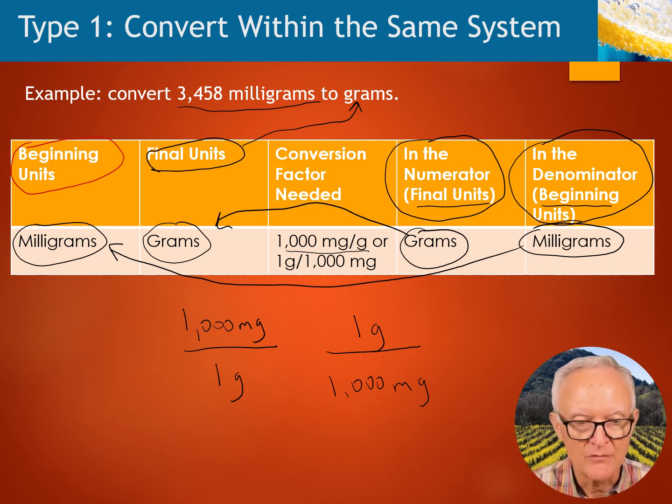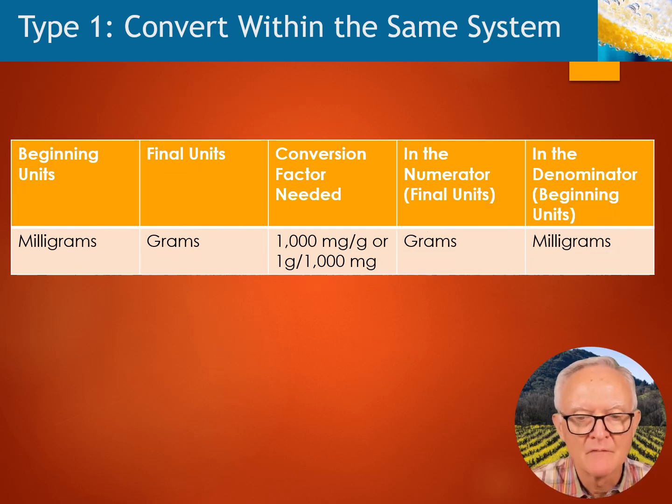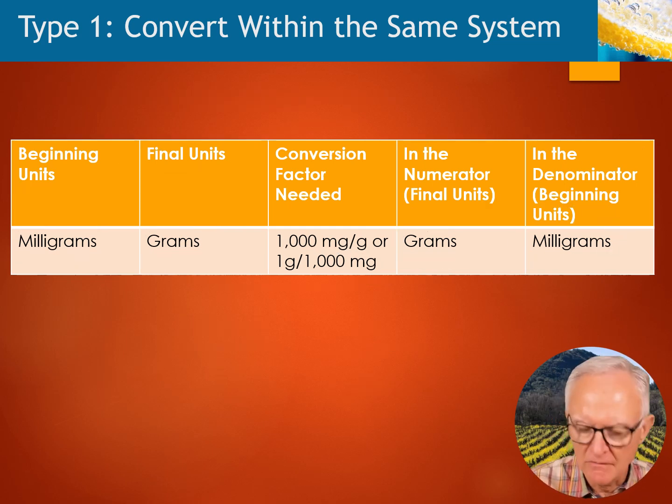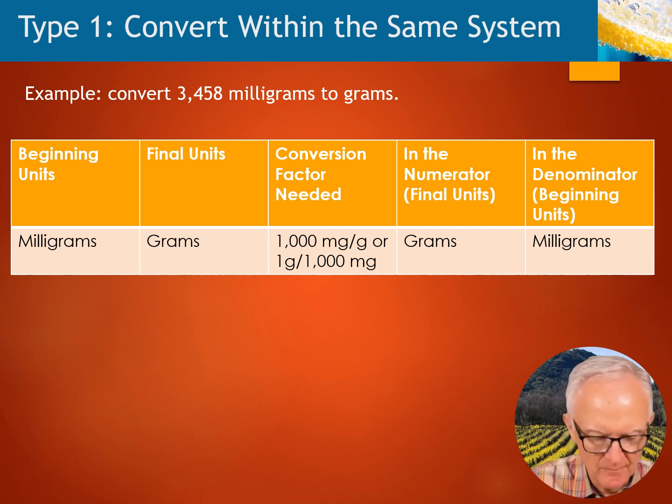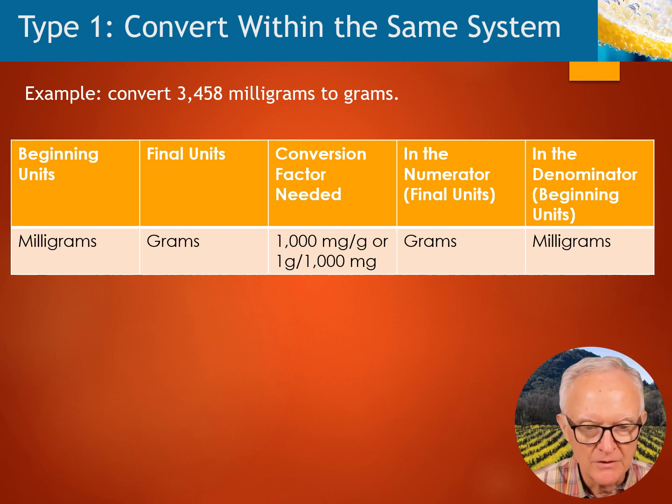So if we are going to solve this example, we are going to convert 3,458 milligrams to grams. Let me change the color of my writing here. 3,458 milligrams.